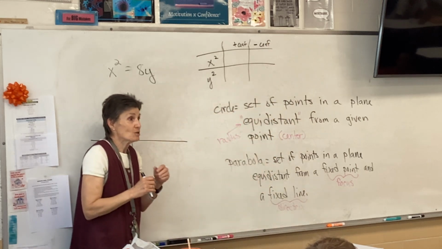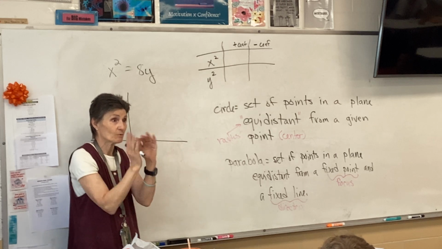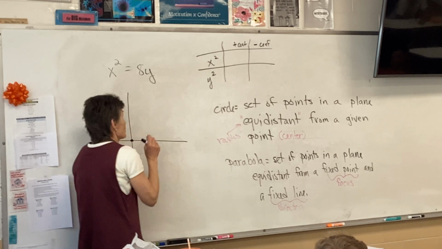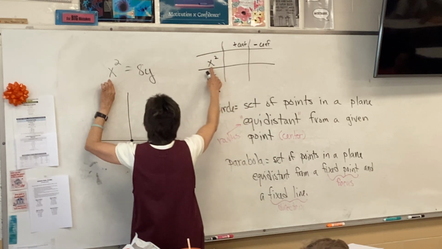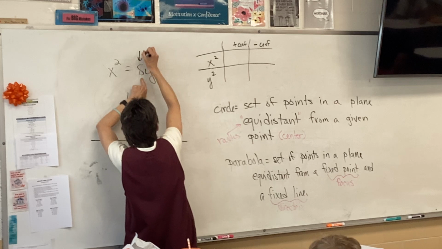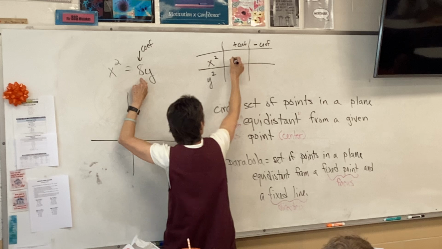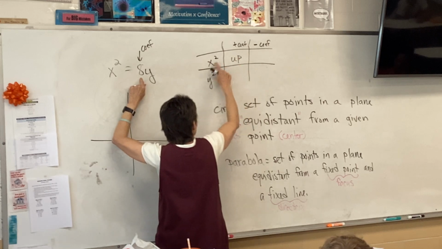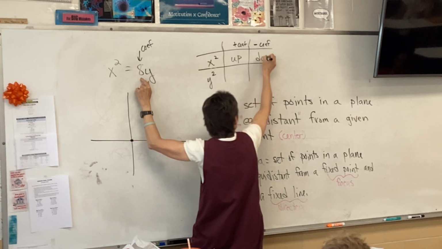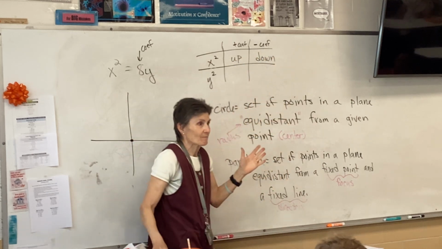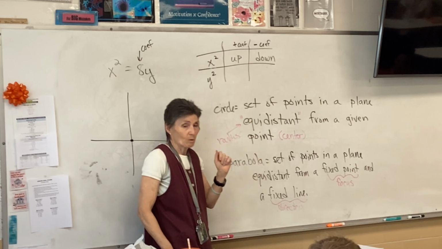And that information tells you whether your parabola opens up, down, left, or right, okay? So, if it's an x squared parabola like ours is, and if the coefficient is positive, then you're going to open up. So x squared positive is up. x squared negative is down. And we knew that from before.